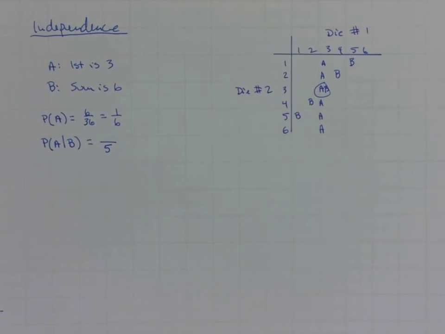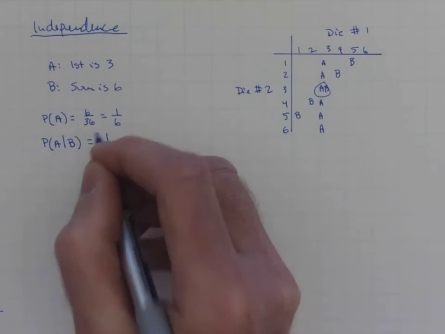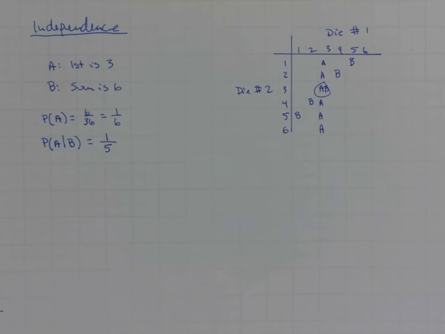And of those 5 outcomes, only one involves also A occurring. And so we're in a situation where these values are different. The unconditional probability, the probability of A, if we don't know anything about the sum, is 1/6. But the minute we know that this sum is 6, now our estimate of the probability of A changes. The probability of A given that condition is 1/5.